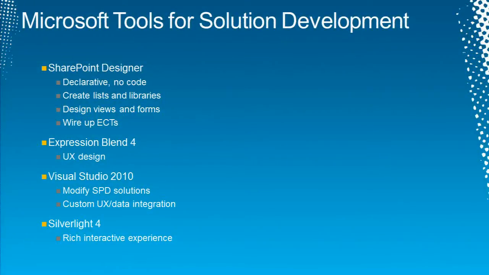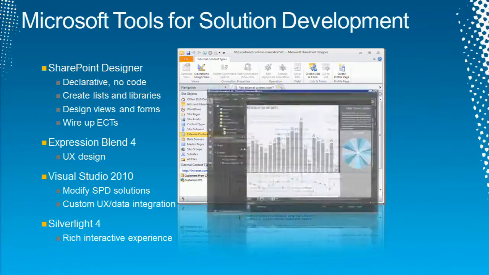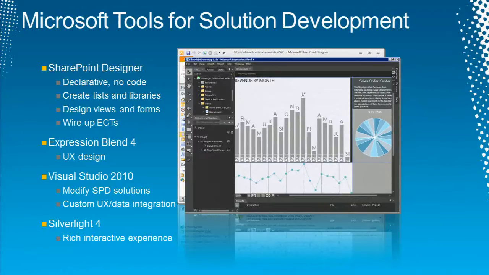So the Microsoft tools that were used in this solution: we have SharePoint Designer. Again, it's used for declarative and no code. It creates lists and libraries. We can build designs and views, but it's where we wire up our external content types. We have Expression Blend 4. For the Silverlight application that you saw, we used Expression Blend 4 with the Silverlight graphing control so that we could expose the data in a nice graphical chart form.